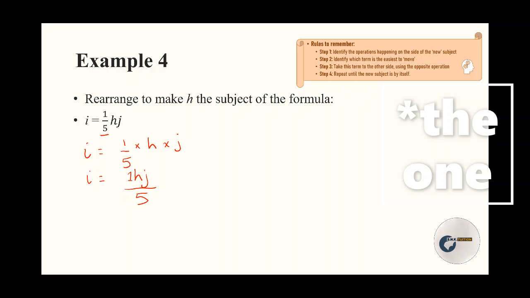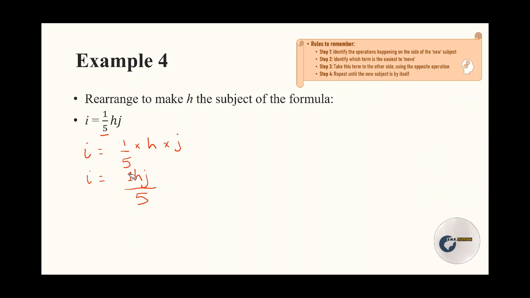Now we don't need to write the 1. I was just showing you that when we multiply the fraction out, that is the process that is happening. As you can see, this is a lot easier now to work with rather than dealing with the fraction separately. So now I can do step 1, identify the operations happening on the side of the new subject.